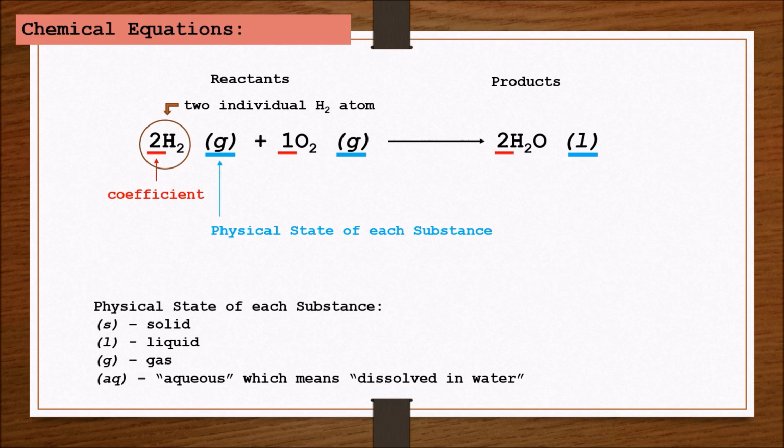So what this means is that the condition used for this particular reaction involves reacting two molecules of gaseous H2 with one molecule of O2 gas to yield two molecules of H2O, which is liquid.